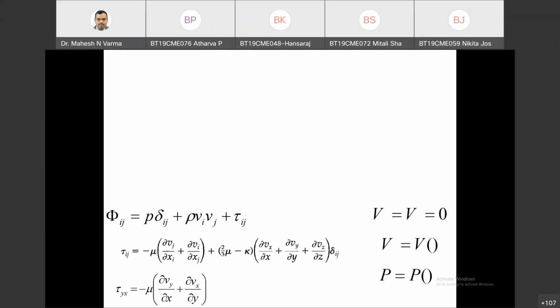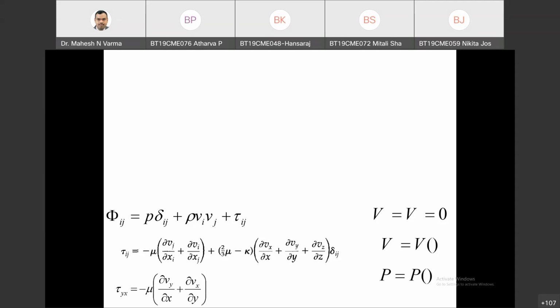Atharva, what are the three velocities for the given problem? Velocity in three directions.